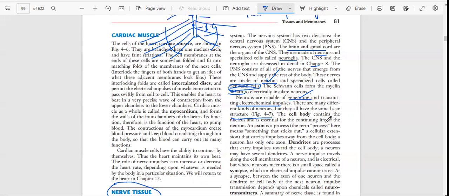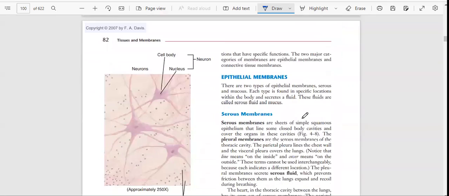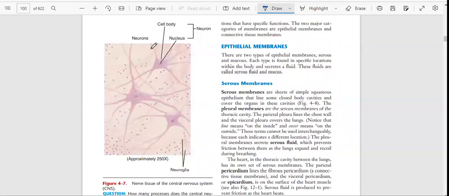The cell body contains the nucleus and is essential for the continuing life of the neuron. An axon is the process. Here you can see the neuron.